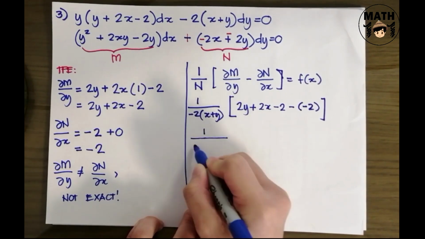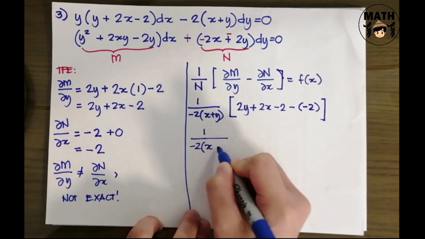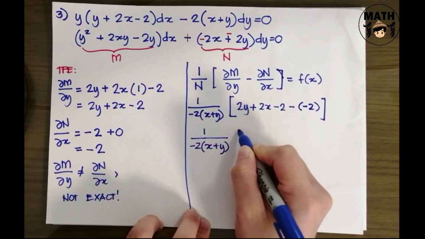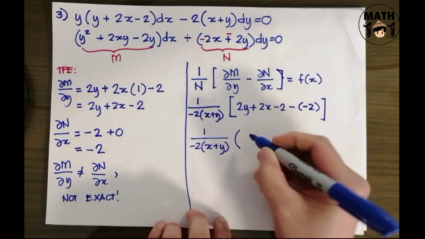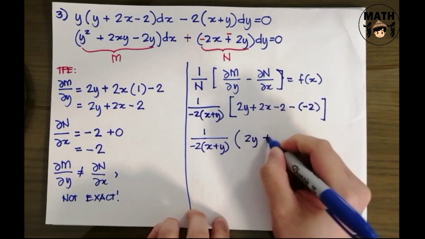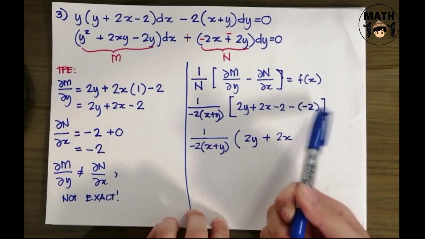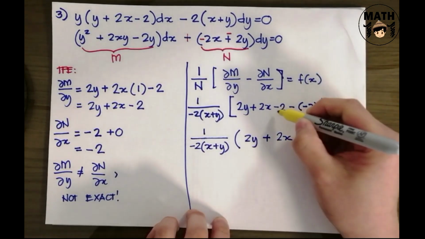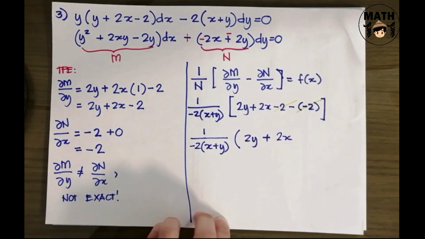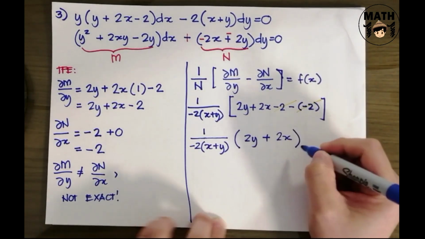One over negative 2 quantity x plus y multiplied by 2y plus 2x, negative 2 minus negative 2, that is 0. Kaya ito na lang yung matitira.